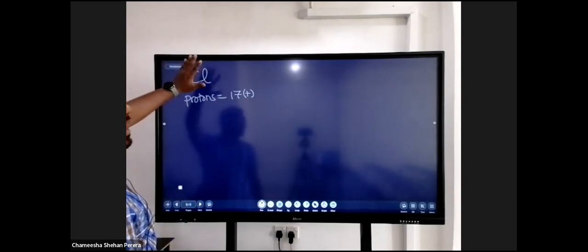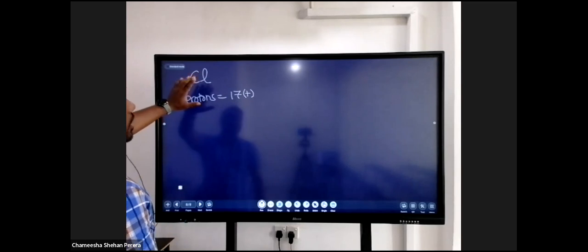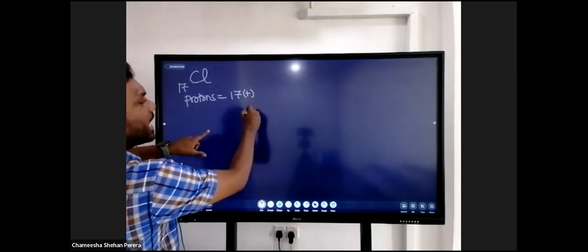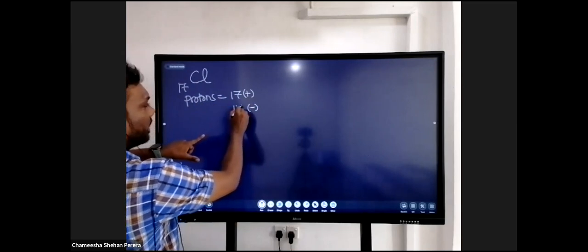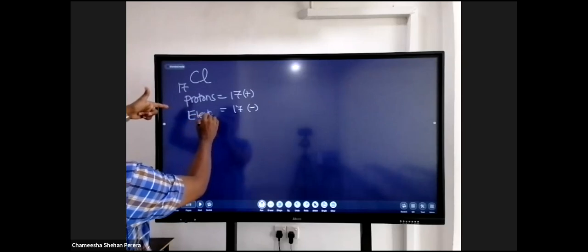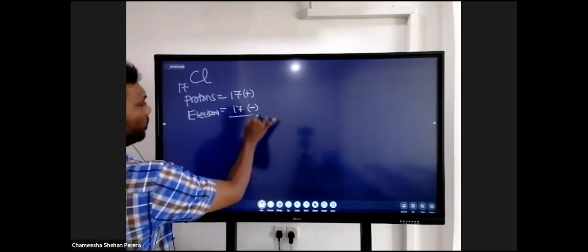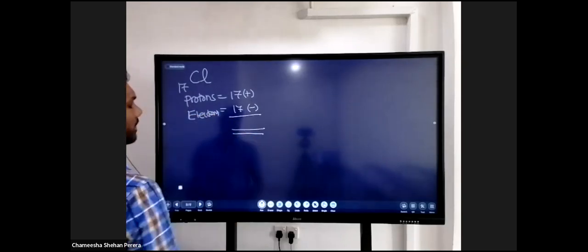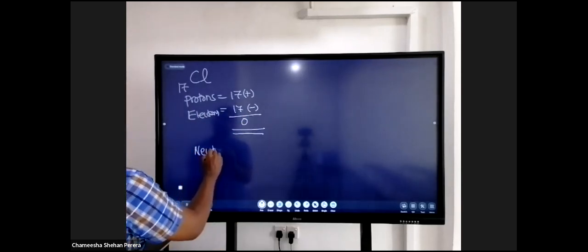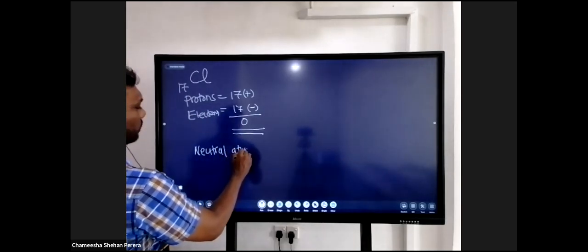There's no positive or negative sign, which means this is a neutral atom. So for that you need negative 17, right? That means how many electrons are there? There are 17 electrons. So positive 17 cancels with negative 17 electrons. So the net charge will be 0. So this is a neutral atom, okay?